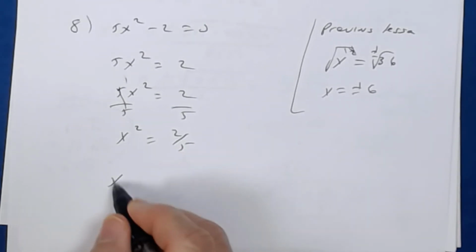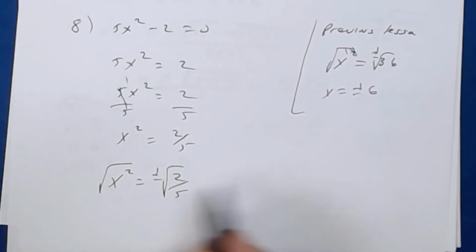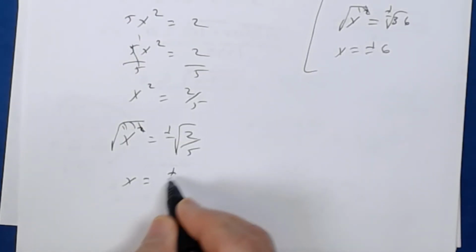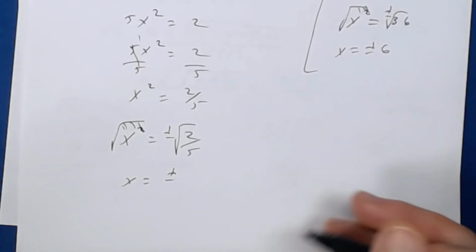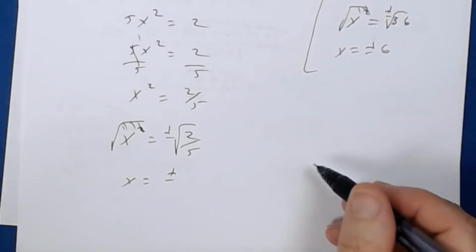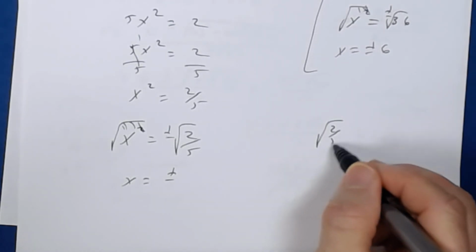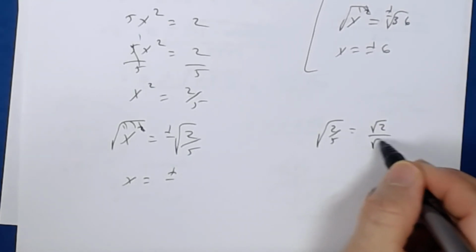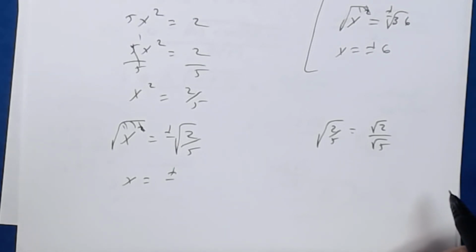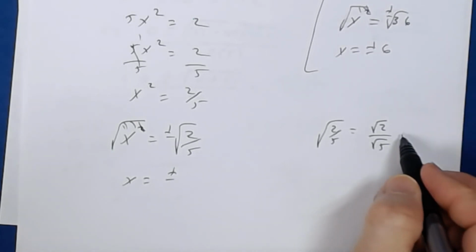When you take the square root of both sides, I get the plus or minus, and the square and the square root undo each other, so I get x equals plus and minus the square root of 2 fifths. Now you have to remember something from another math course, Math 98: I can write this as the square root of the numerator divided by the square root of the denominator. And then you have to rationalize that denominator.